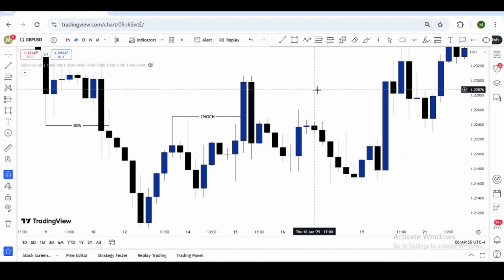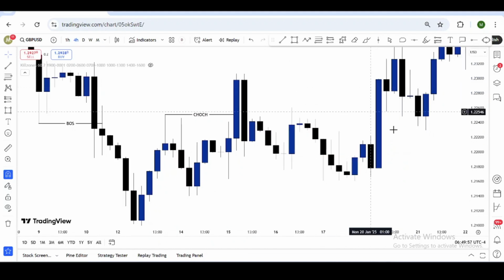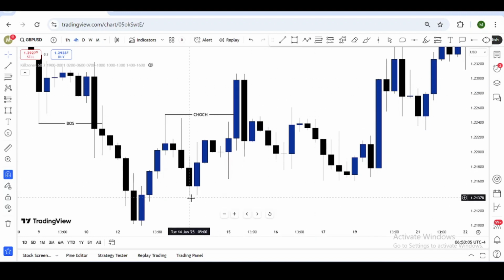So now let's talk about where we can identify a valid fair value gap. When you have a change of character like this, you want to look for your fair value gap around the discount area. If the market is pushing to the upside like this, you want to look for your fair value gap around the discount area, like down here.